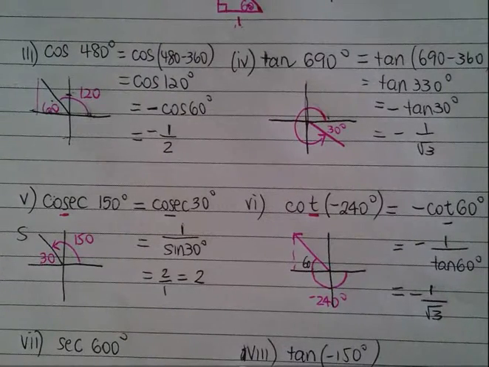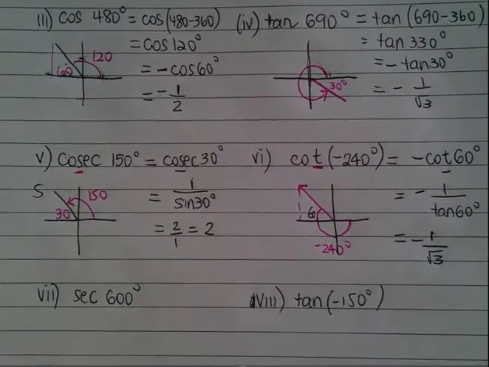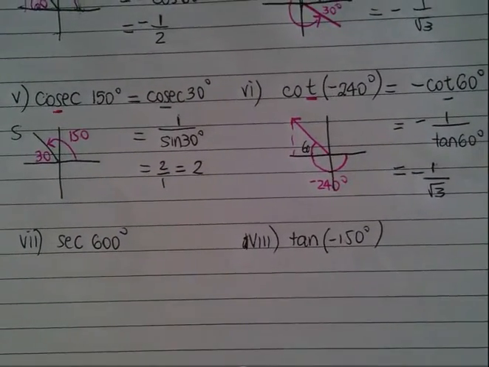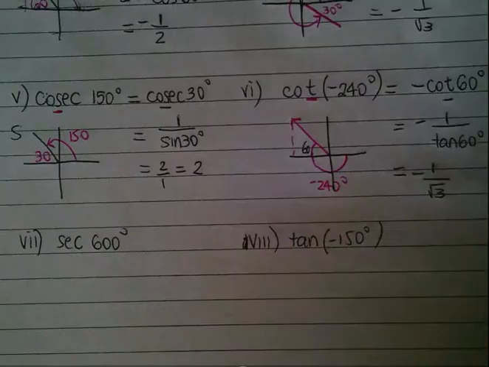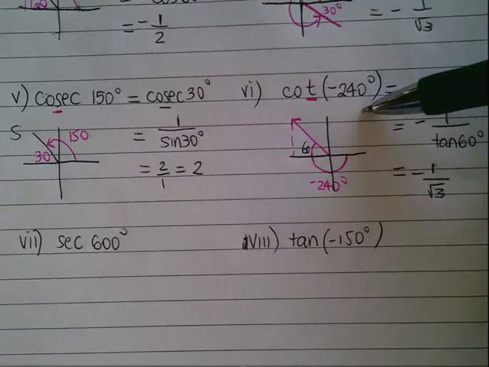You can think tan 60 is root 3 and you flip it and you get 1 on root 3. All right? Do you want to try, see how you go with the next one? Be careful. Now, you know you can check your answer here by doing 1 divided by tan of negative 240.